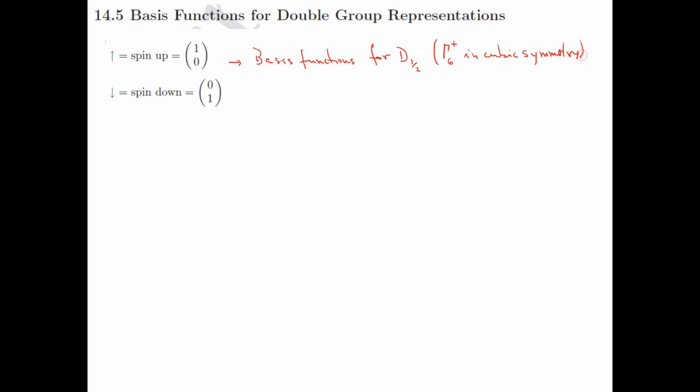So this is one basis function for the gamma 6 plus representation. But the idea now is to see how we combine this spin part of the wave function with the spatial part or orbital part.